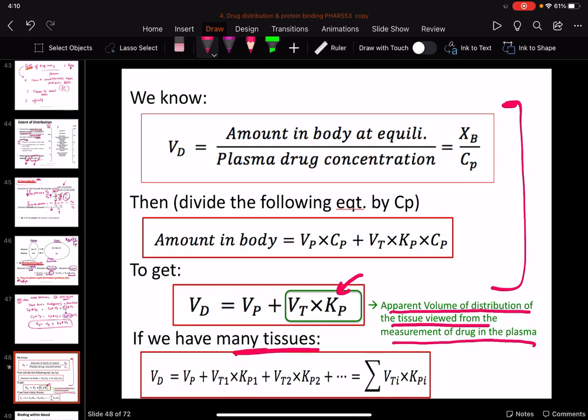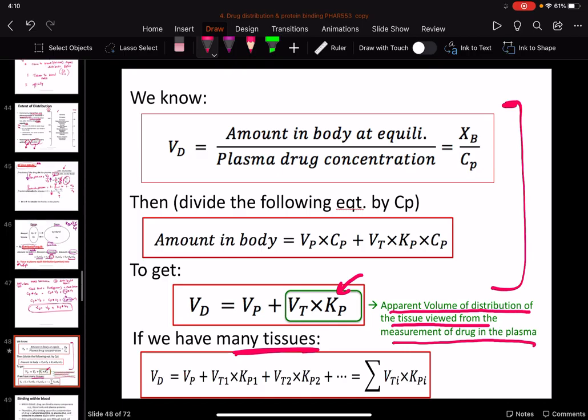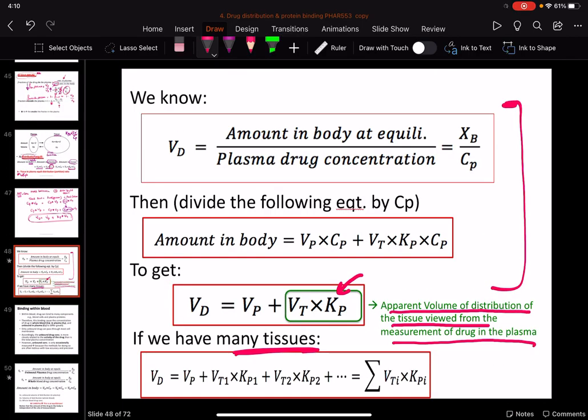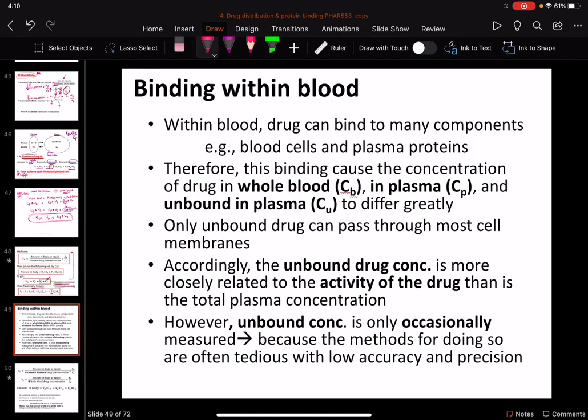Okay, and if you have many tissues, for sure we will have the summation of all of those terms. Okay, and we will talk about this a little bit with one more idea in the coming minutes.